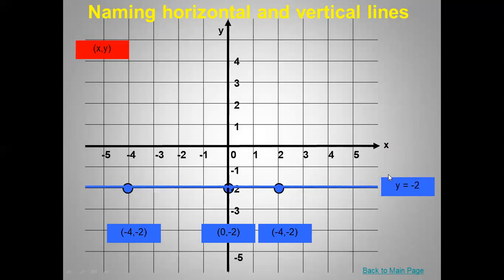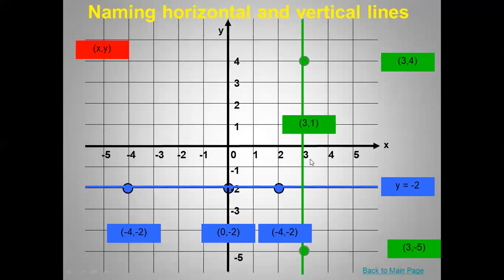Now, let's see another example. If I have a line that cuts the x-axis instead of the y. It's parallel to the y-axis, but it cuts the x-axis at 3. Now, let's take any other points on this line.